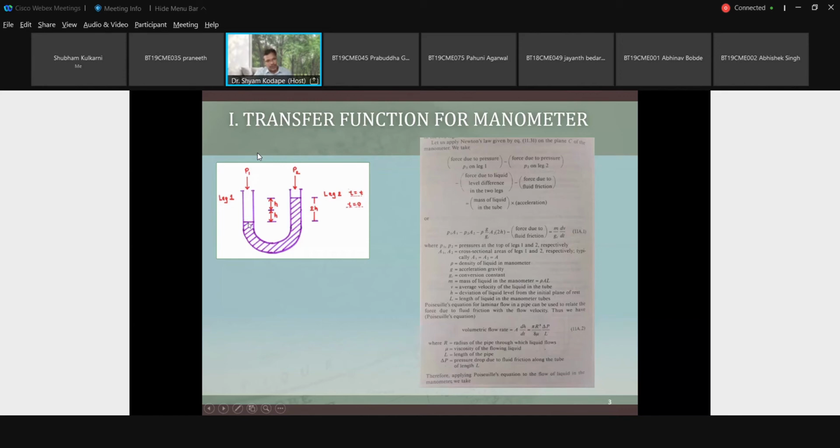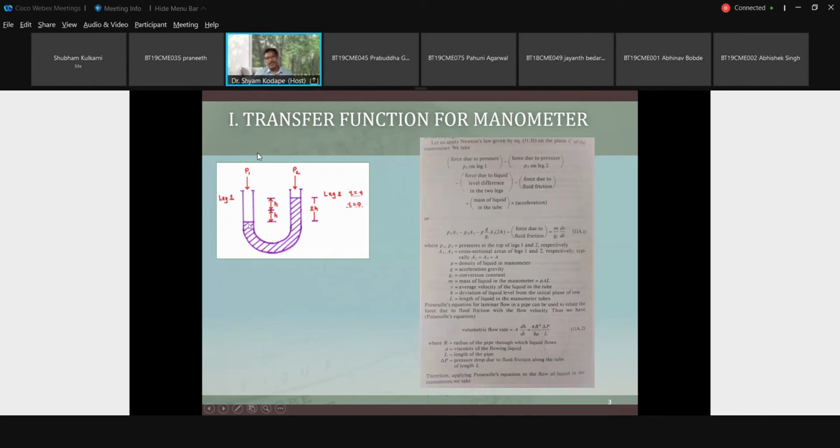Next, the flow pattern of the liquid in the tube will be laminar flow, not turbulent flow. You heard about laminar and turbulent flow?